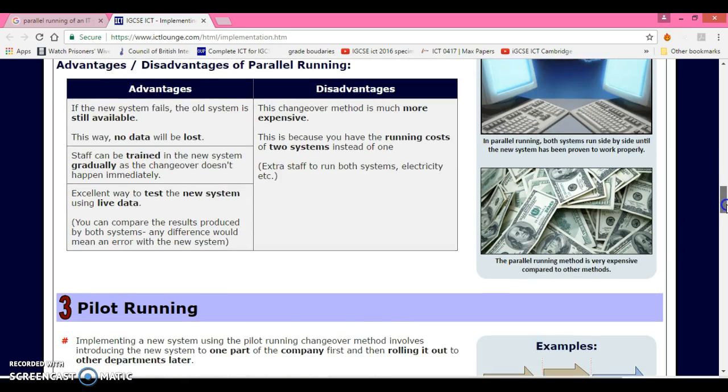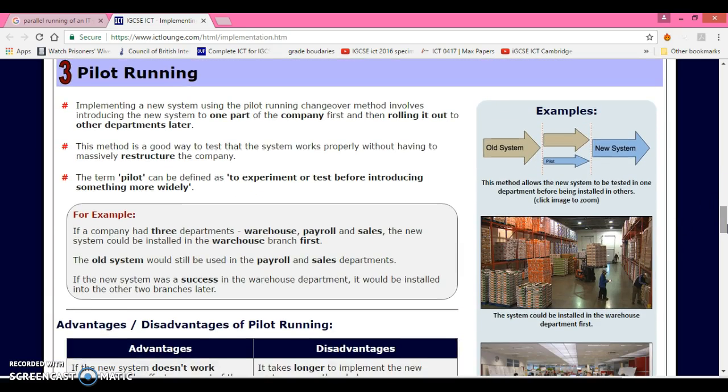So, next one is pilot running. Now, what pilot running is that they may run the new system on one computer, okay, or for example in one department or in one building, see how it goes, experiment with it, improve it, and then when they feel that the system is good enough to go ahead, they will simply change over to the new system.